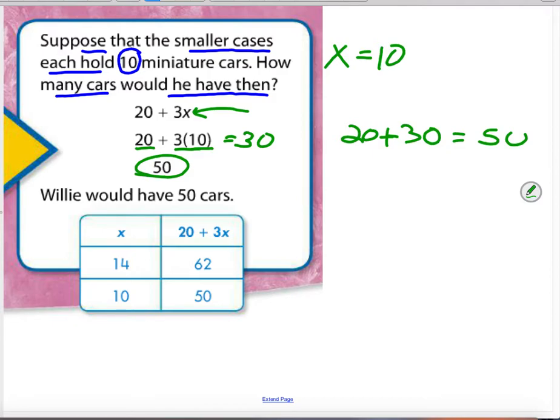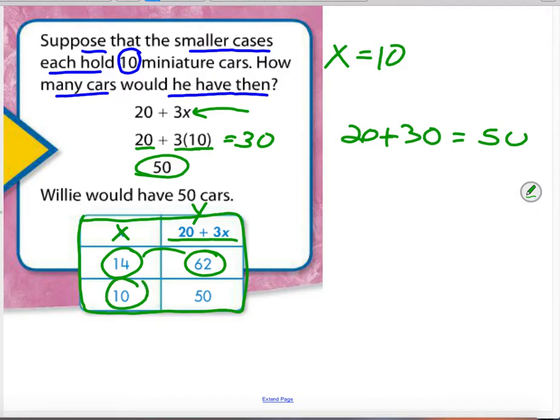You can sometimes set up a table to explain expressions. In this case, you can see the value of x. If it were 14 cars, you would get 62 total, because our expression is over here in the y column. So you have your 10 cars, perhaps, for the value of x, and then you would plug 10 in there, and you would have 3 times 10 is 30 plus 20 is 50.